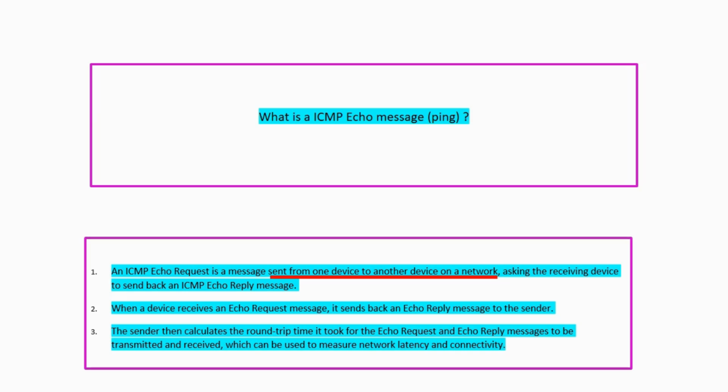So when a device receives a request message, it sends back a reply message to the sender. On the basis of the reply message, the sender can calculate the round trip time taken for the request and reply message, and that can be used to measure the network latency and connectivity.